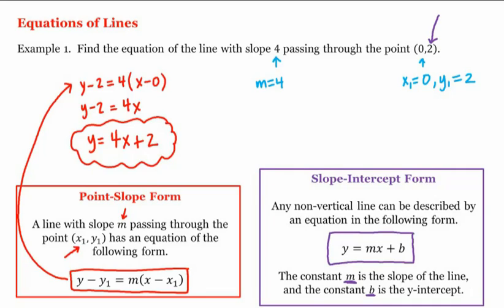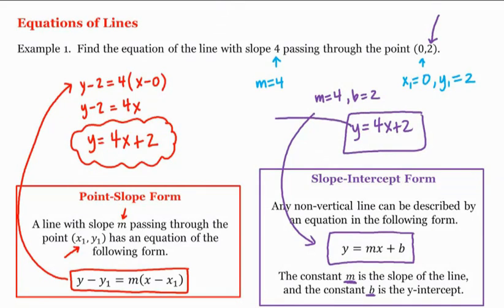So because our given point gave us our y-intercept, we could have used this other form directly. Namely, plugging in m is equal to 4 and b is equal to 2 into this form gives us our equation y is equal to 4x plus 2, which is the same equation.